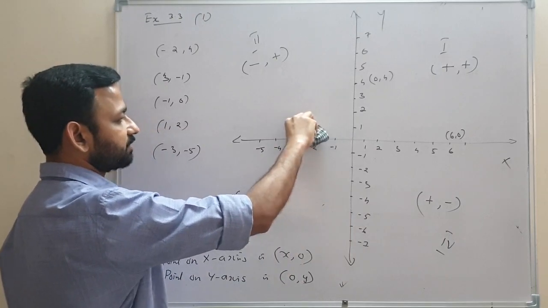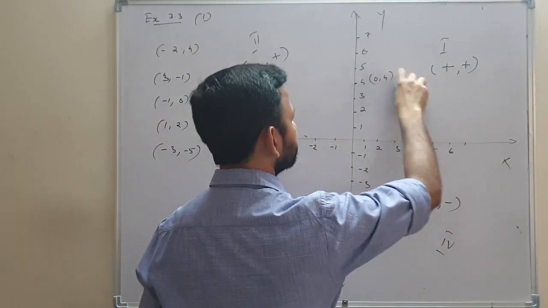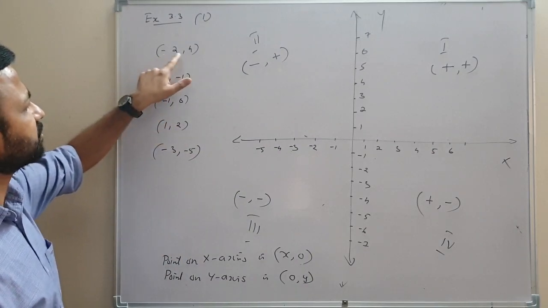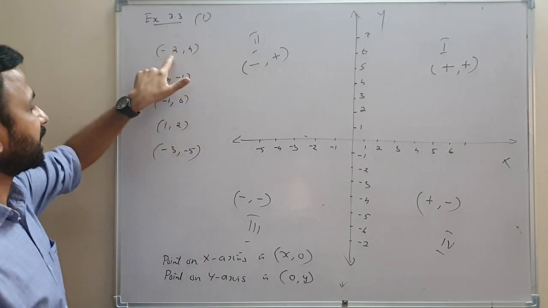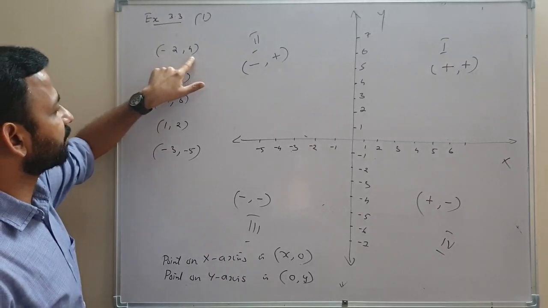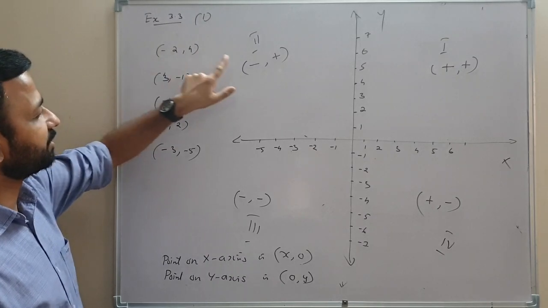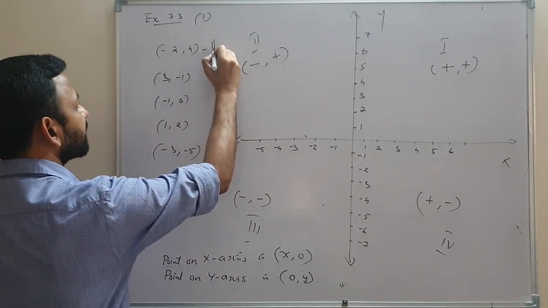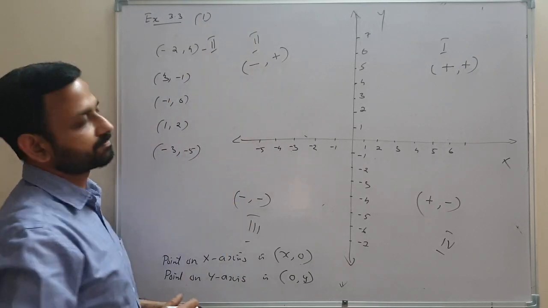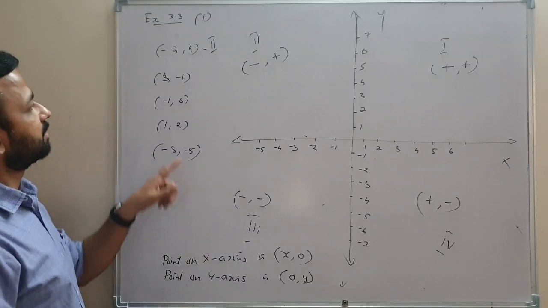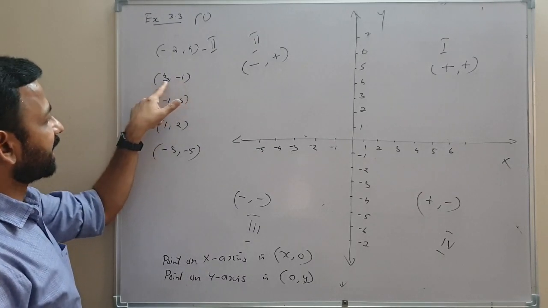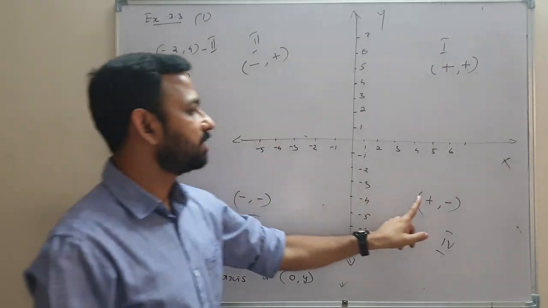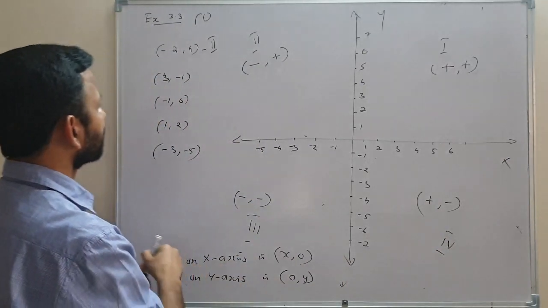So now we can go back to that question. Here (-2, 4): the x coordinate is negative and the y coordinate is positive. That means the first one is in the second quadrant. Then (3, -1): x positive, y negative, so it is in the fourth quadrant.